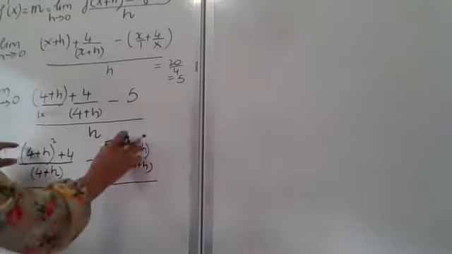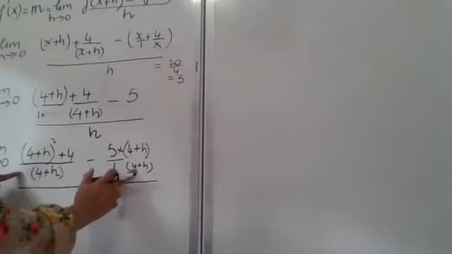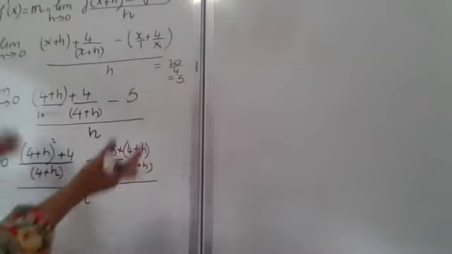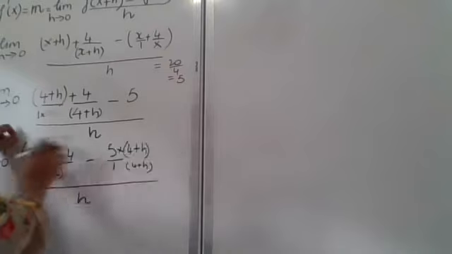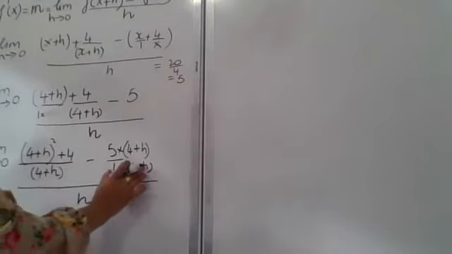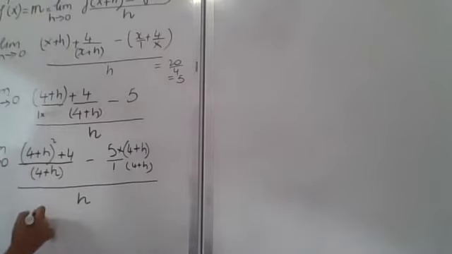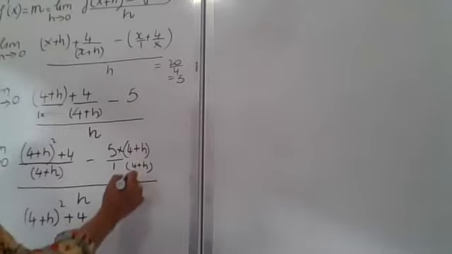So now you have a fraction like this with the same common denominator. You can join them in one fraction. The top will be the same expression here, right? From here to here. And down here, just one common denominator. So that will become 4 plus h all squared plus 4 minus 5 times 4.